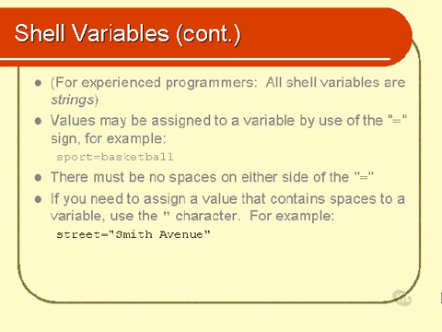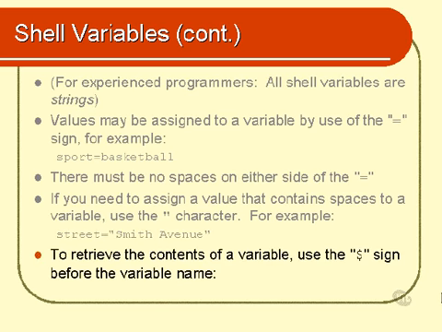Now, so far we've only looked at how to assign a value to a variable. The whole point of variables is that you are then able to retrieve the value in the variable at any given point in the future. So of course I have to show you how to do that. To retrieve the contents of a variable, in other words to get the value out of the box or to know what is in the box, you use the $ sign as a prefix before the variable name, like so.